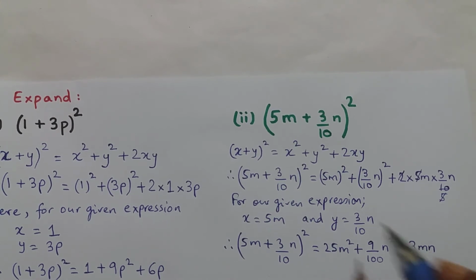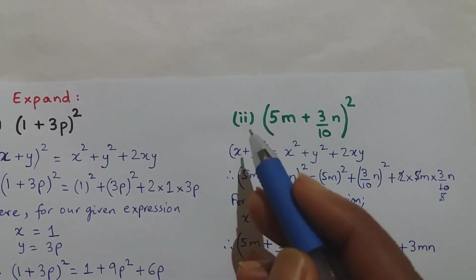And this is the answer for question number 2. So (5m plus 3 by 10 n) whole square is equal to 25m square plus 9 by 100 n square plus 3mn.